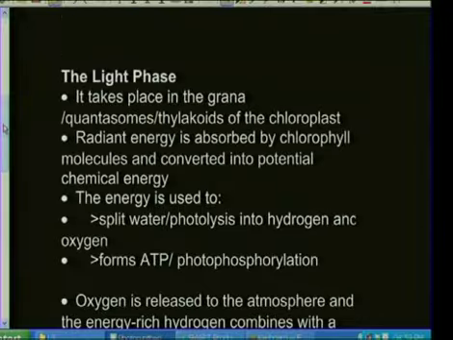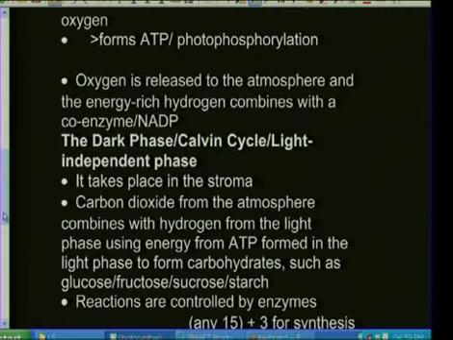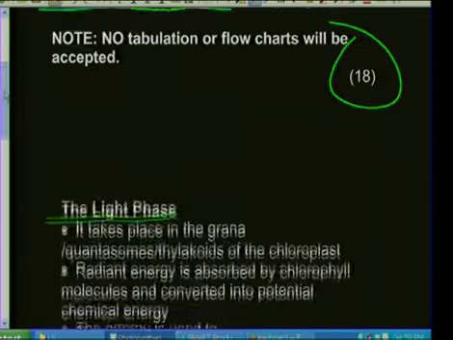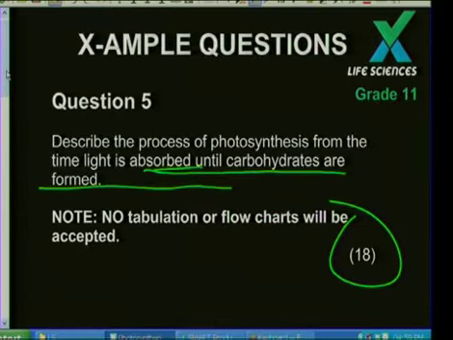Notice what we've done. We have broken it up into the light phase and the dark phase. From the time light is absorbed, light phase, until the carbohydrates are formed, dark phase.